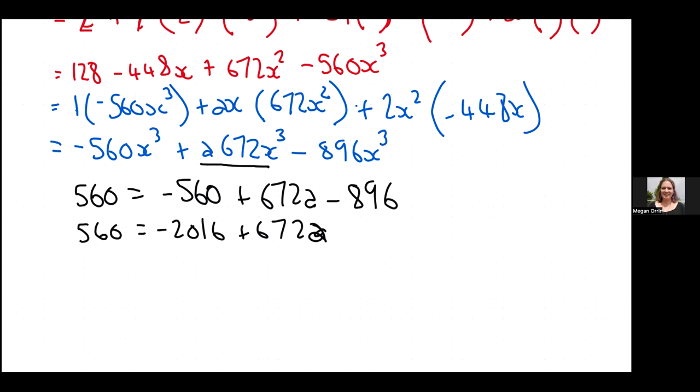All right, so then we have, what have I got? No, that's right. Oh, that's what I did wrong. Yeah, exactly. I need to add. So I'm going to add these two things over here. So then I get 2016 equals 672a, right? I'm just bringing those two across here. So then a is 3.